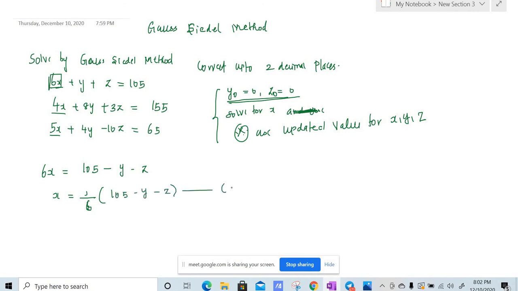That is you need to find x such that the coefficient of x should be larger, and compare y now. So which one is larger? 8 is larger. That means you need to find y from this equation. So from this equation 8y is equal to 155 minus 4x minus 3z. So this implies y is equal to 1 by 8 into 155 minus 4x minus 3z.